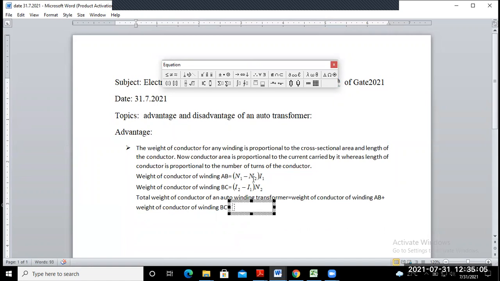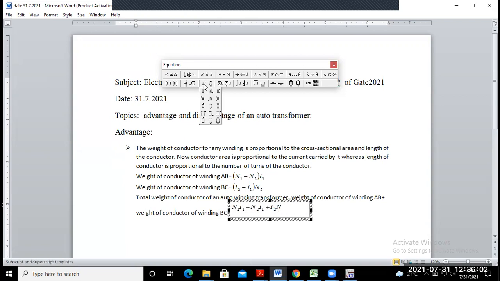So just write here N1 I1 minus N2 I1, minus N2 I1, plus I2 N2 minus I1 N2, plus I2 N2 minus I1 N2.